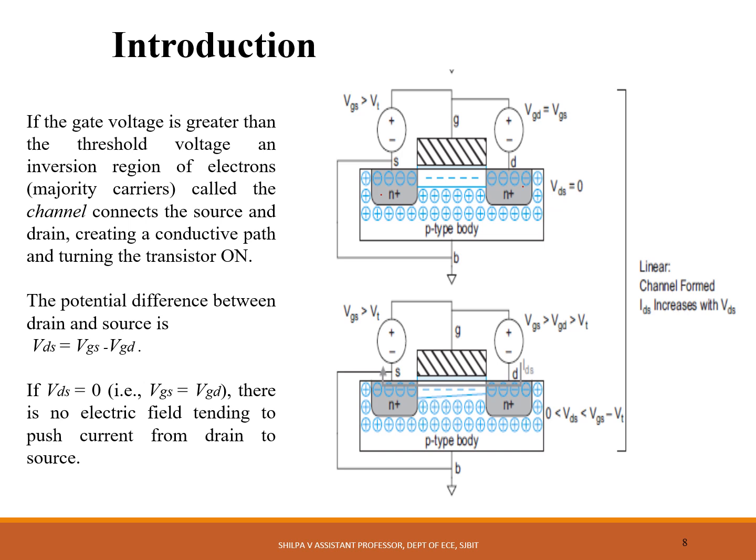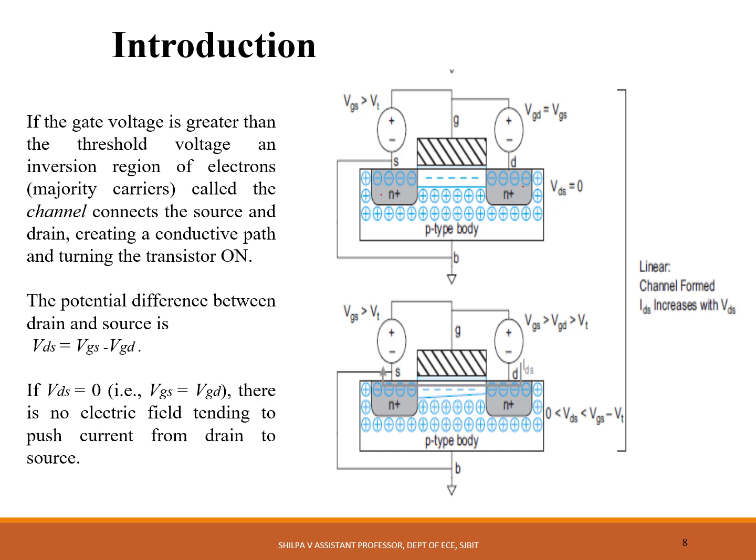Suppose the source is grounded, the junctions between the body and the source or drain are zero biased or reverse biased, so little or no current flows and the transistor is off. This mode of operation is called the cut-off operation of a transistor.